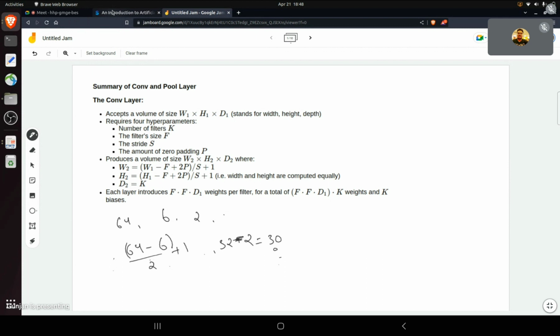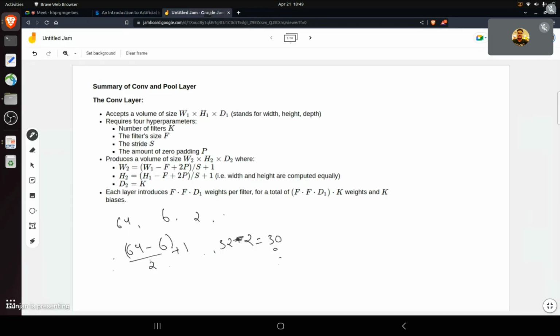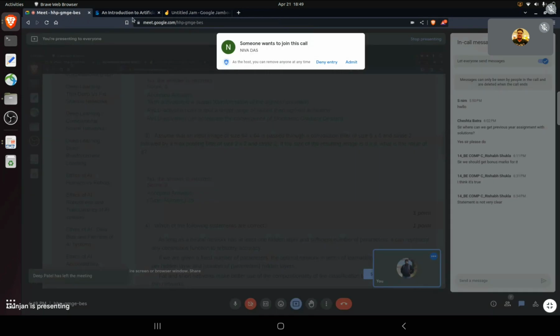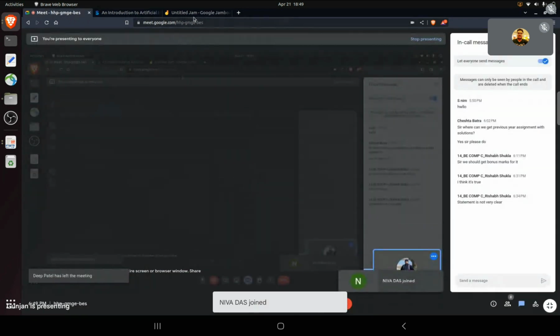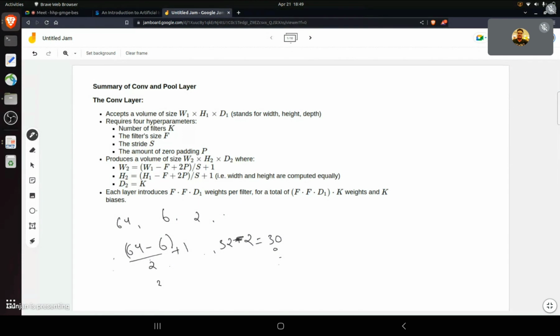Then after passing to 30, it is a max pooling filter of size 2 by 2 and stride 2. So when we are passing through a pooling layer, in the pooling layer we only consider the stride value.